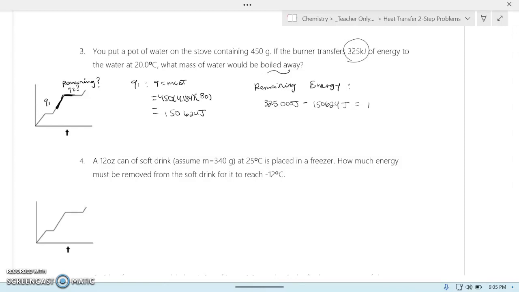And if you subtract those, we get 174,376 joules. So now the problem is solve for mass in this boiling section. And we know Q2 will be this value. This is Q2. Okay, so we're not solving for Q2. We're using Q2 to now find mass.